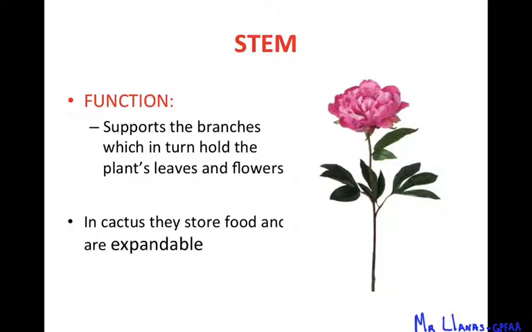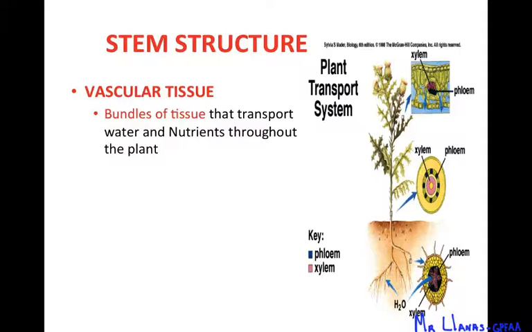Okay, in cactus, you see some cactus that expand. That's one of the reasons that they can survive in the desert very well, because when it rains, they absorb all that water, their stems expand, and they're able to survive because they have those nutrients and water inside of them. But again, the main function of the stem is to support the plant, support those branches that hold everything for the plant.